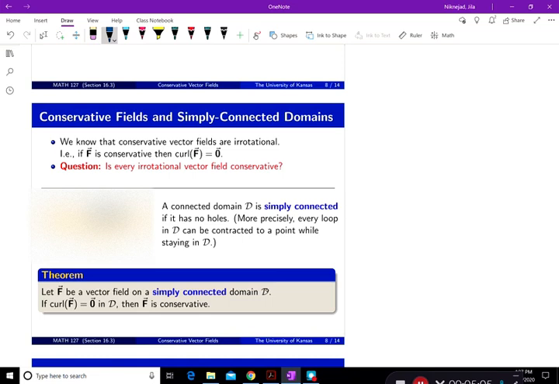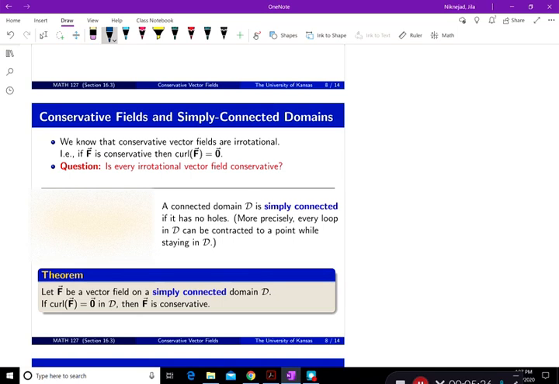But if I just take this piece, and that piece, each is going to be simply connected, but the two of them together again are not going to be simply connected. And so basically simply connected means no holes and no breakage and that sort of thing for the region.